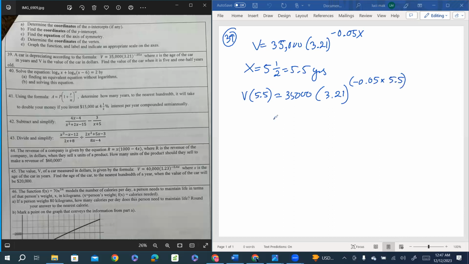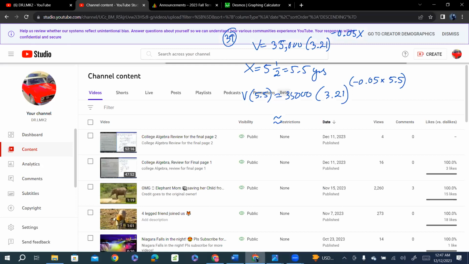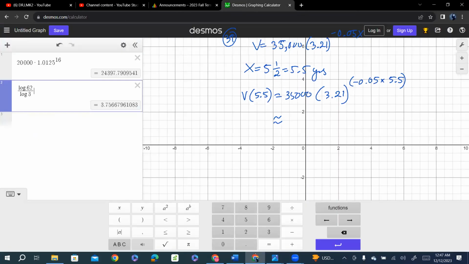So we have to use our calculator to find this. I think I had my calculator here somewhere. Let me see if I can find it. All right, let me put that in here.